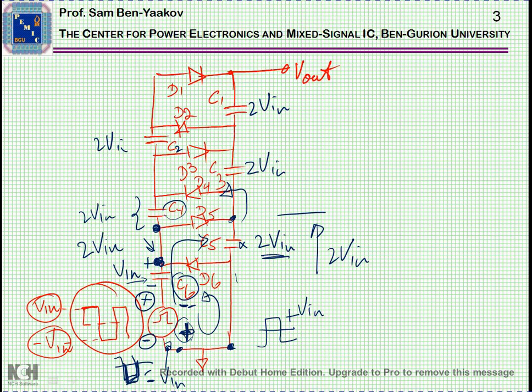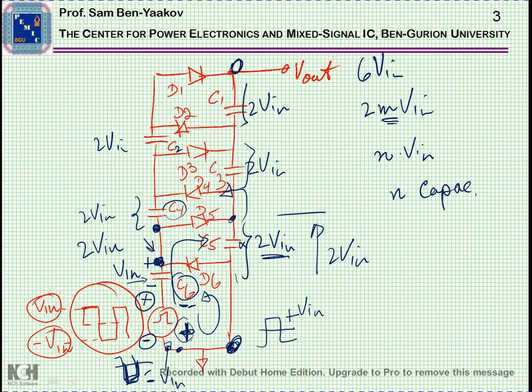So from ground to the output, in this particular case, in which we have 3 stages, 6 capacitors, we have 3 times 2 V in of this capacitor, this, and this, the sum of which is 6 times V in, or twice the number of stages. M is the number of stages, or if you want, N times V in, where N is the number of capacitors, because each stage is built with 2 capacitors.